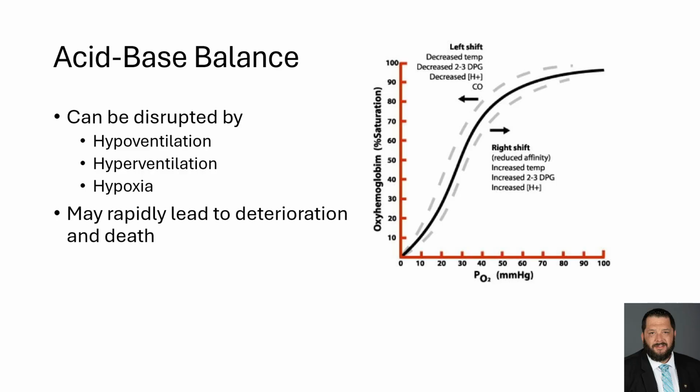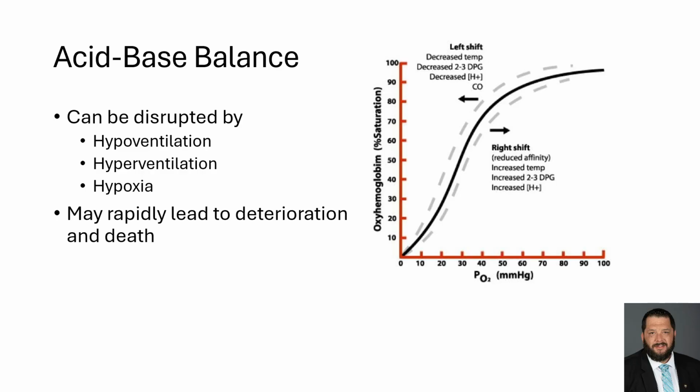That means that in the lungs, the slightly higher concentration of hydrogen ions or lower pH drives more oxygen onto the hemoglobin. While at the cellular level, there's a slight change in pH. There's more hydrogen ions, and that creates a shift for the oxygen to dissociate.